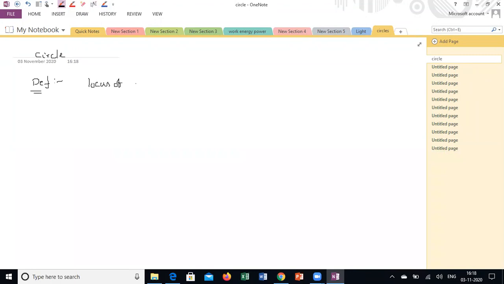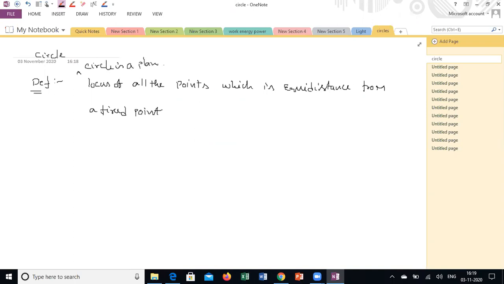Locus of all the points which are equidistant from a fixed point, or you can say a circle is a plane figure which is formed by the locus of all the points.